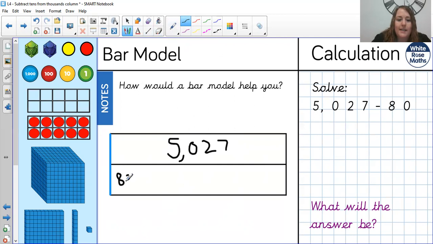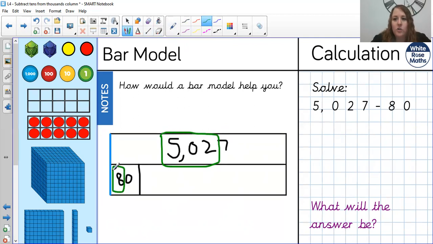So it's told us that it's made into that 80 first of all, but not what else yet. So if I use that pattern spotting method, I've got 502 that I can see here, and I'm taking away my 8 tens.